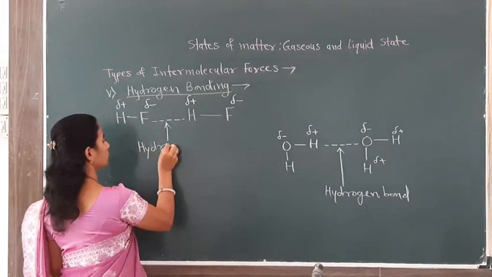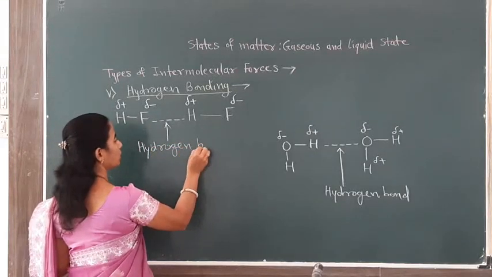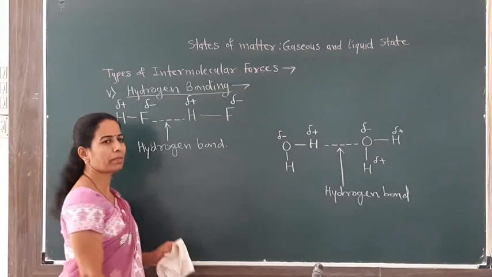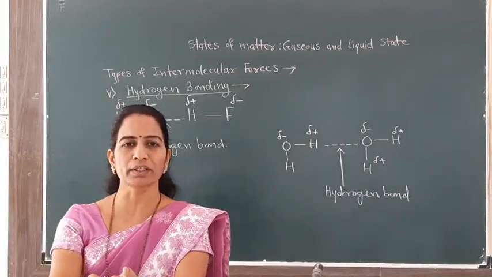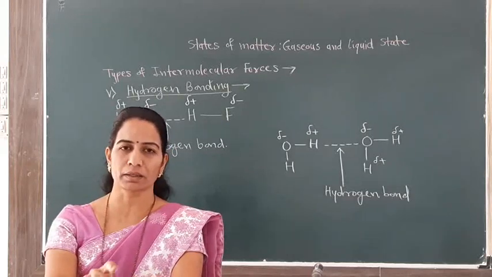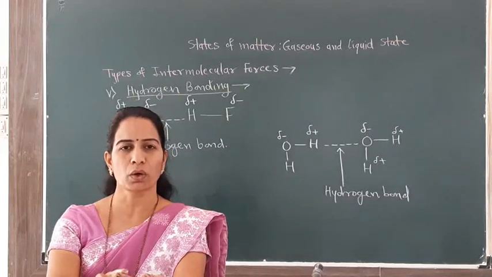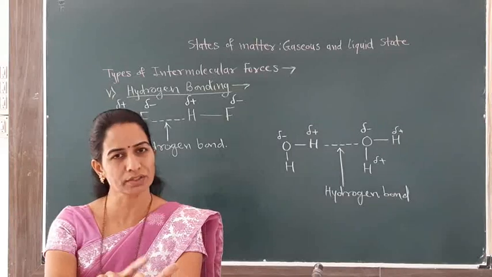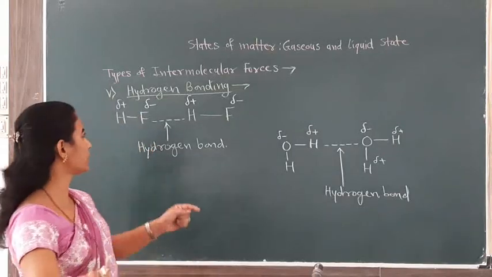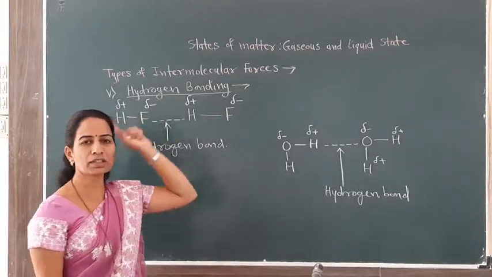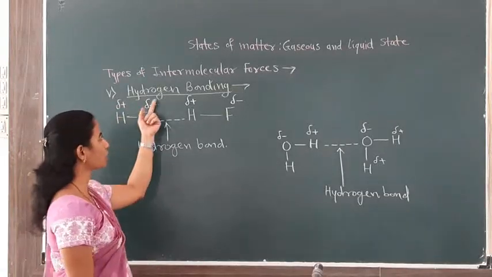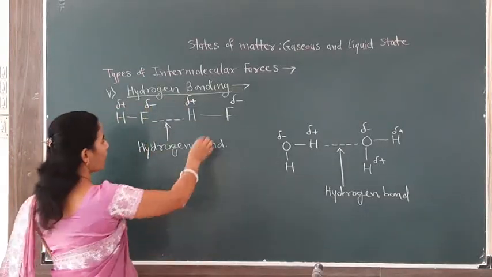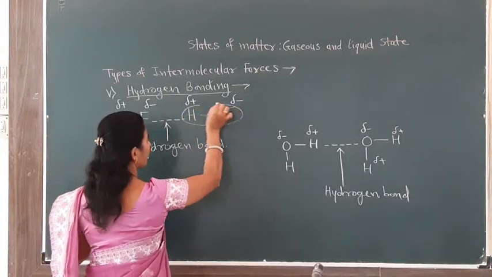So remember, whenever a hydrogen atom is bonded with more electronegative atoms like fluorine, chlorine, oxygen, nitrogen or sulfur, in those cases you will observe this special dipole-dipole interaction that is called a hydrogen bond. Why is it called a dipole-dipole interaction?